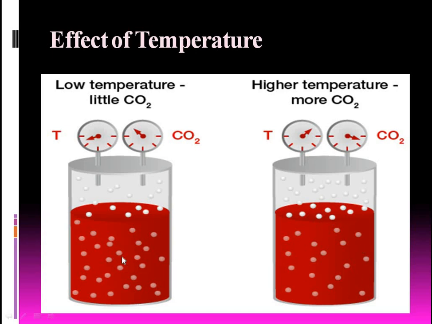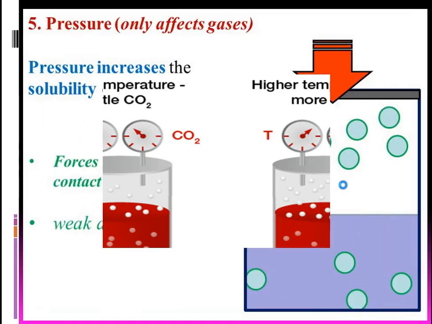So in this liquid there is more carbon dioxide because this system is at a low temperature, but this system is at a higher temperature, so with high temperature there is less carbon dioxide in the liquid and more outside the liquid.